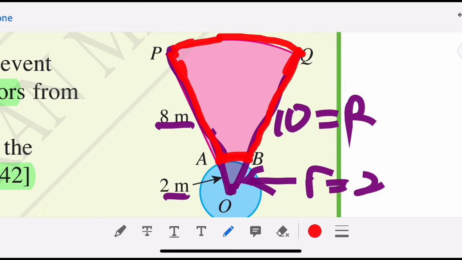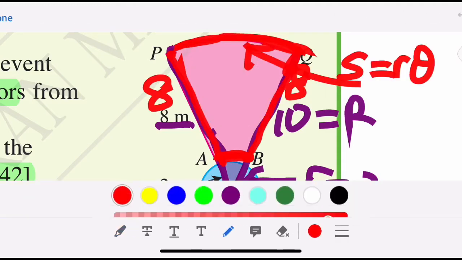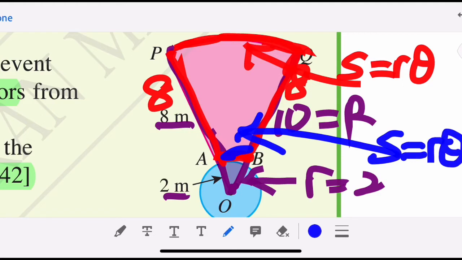Obviously here is 8, here is 8, right? And this is an arc length, and this is also an arc length, so you have to use the formula S equal to R theta for both. So you have 2 arc lengths you need to find. Let's differentiate using different colors. For this one, the arc length, you use S equal to R theta, but the radius here is 2 only, and the radius for the bigger one is actually 10.